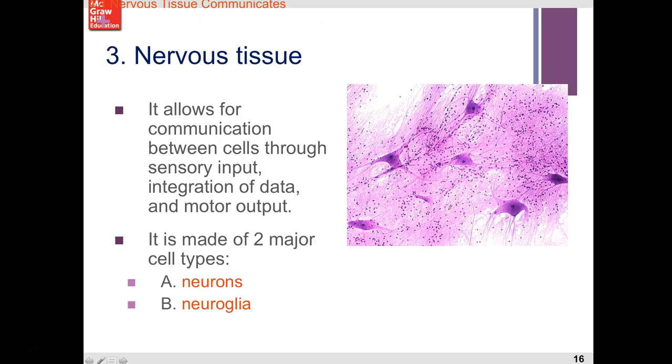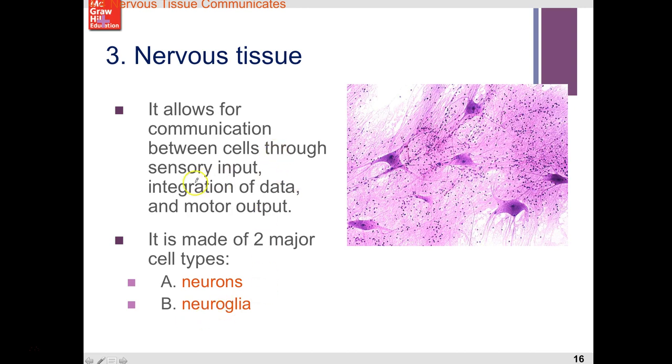And then we get to nervous tissue. And nervous tissue I also really like because it's pretty simple to understand. Nervous tissue is important because we need to have communication all throughout our body. We need sensory input, whether that is something we're seeing with our eyes, whether it's our hands feeling if something is really hot, or sound waves coming into our ear, the sense of smell, taste, all of that is sensory input.